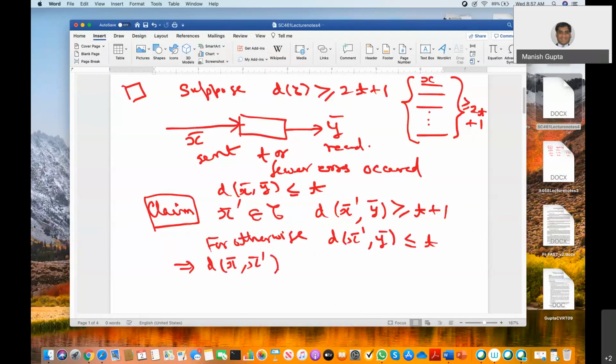We know that the distance between X and X prime, because X and X prime both are code words, should be at least d, right? Because d is the minimum.